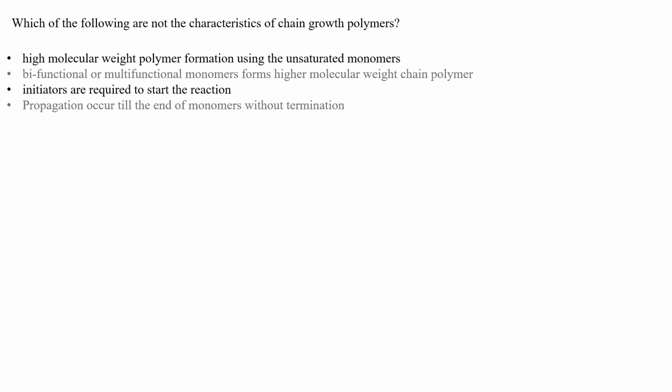If we reach the stage of the dead polymer, then the entire propagation will halt even if monomers are remaining, because there are no reactive groups left to react further. So propagation till the end of monomers without termination is the false one. So the bifunctionality statement and the propagation statement are both false in the case of the chain growth polymerization process.